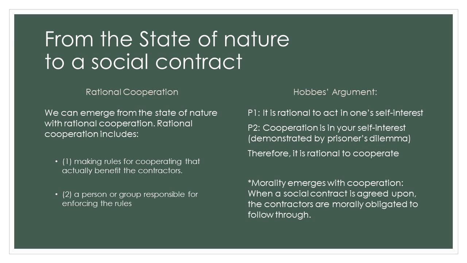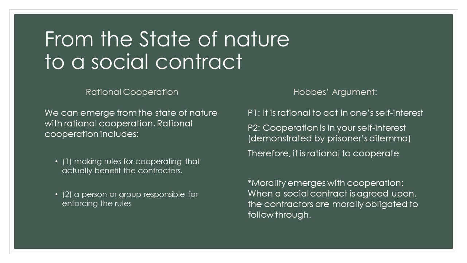So Hobbes's argument can be formulated then like this. Premise 1, it is rational to act in one's self-interest. Premise 2, cooperation is in your self-interest, demonstrated by the prisoner's dilemma, as well as our discussion about requiring cooperation to get roads and education off the ground. Therefore, the conclusion is that it is rational to cooperate.